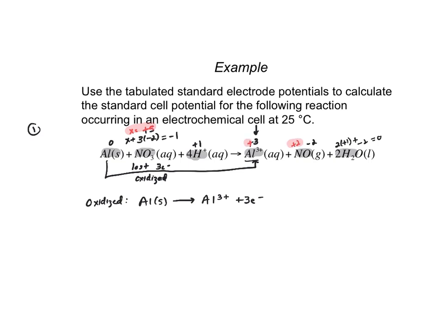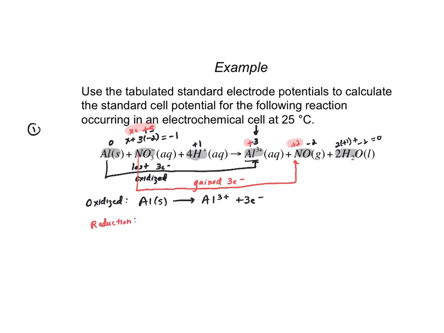So specifically, how many electrons does nitrogen gain? It goes from a +5 to a +2. We have gained 3 electrons. So that is reduction, right? I'm going to write out the reduction half reaction. So reduction.